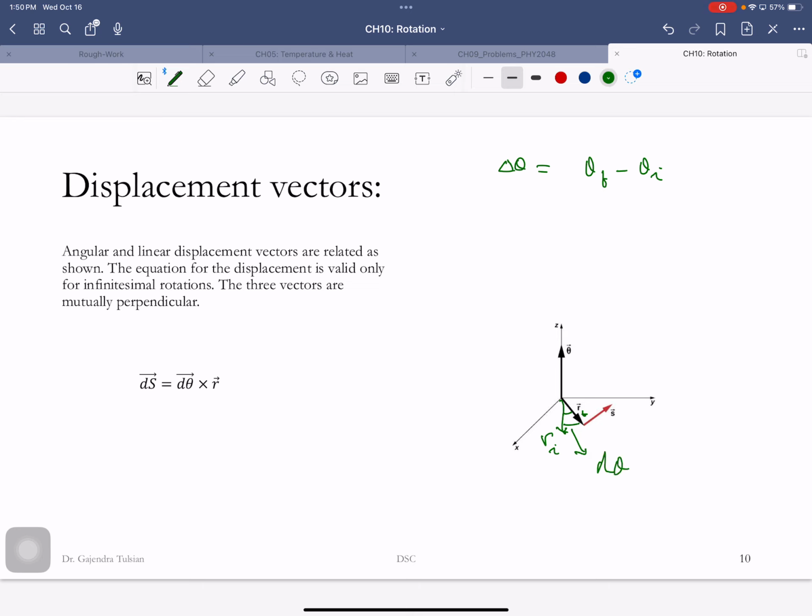So when this point moved from here to there, the object rotated through an angle d theta. d theta is the magnitude of the angle, and the direction is in this direction. What this is telling you is the distance that this point moved, ds. Let me draw a new diagram.